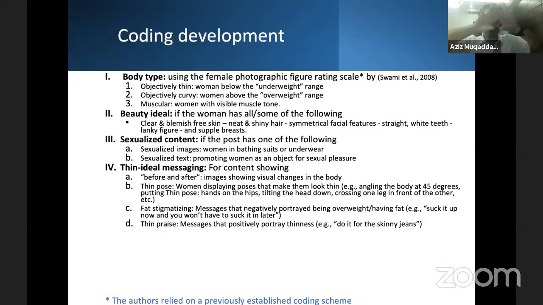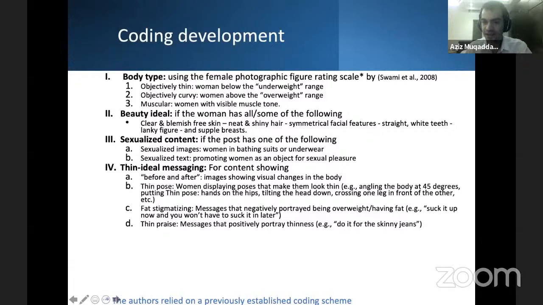They would usually show you an extreme difference, and the idea is to show you they've reached an ideal body.